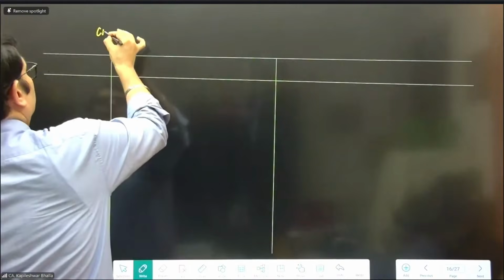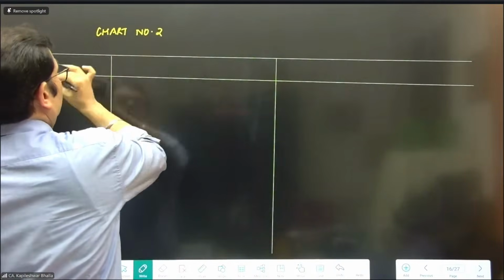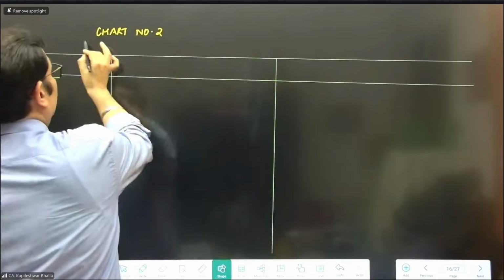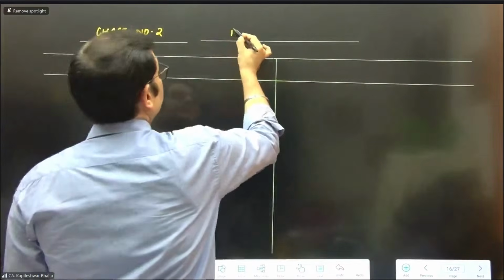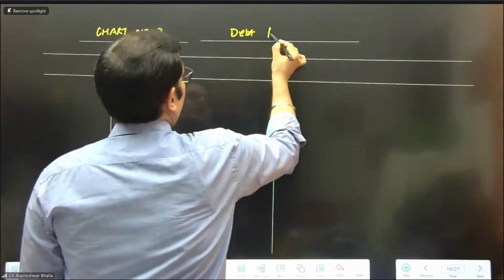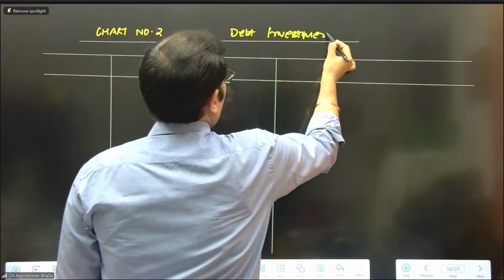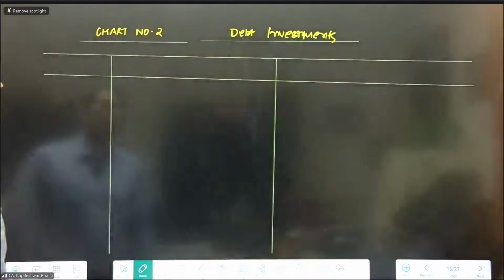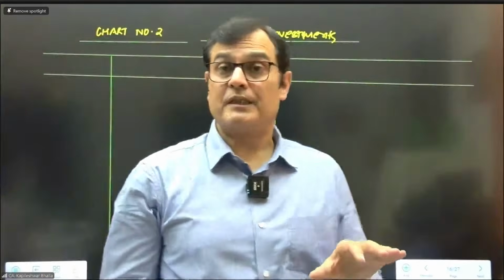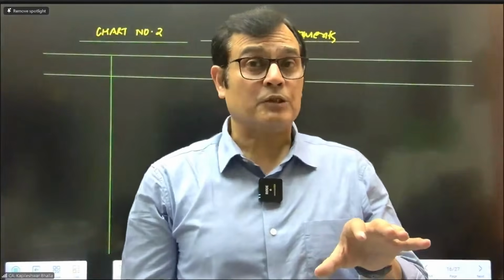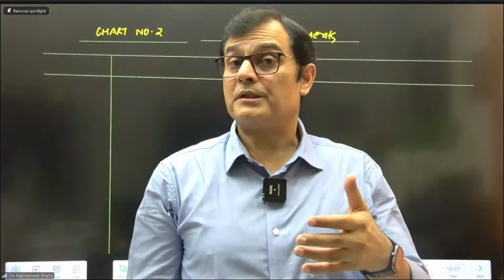This is my chart number two, and here I'm focusing in terms of debt investments. So we're focusing on three charts. One is equity investments, one is debt, and one is derivative, because this kind of understanding is very well tested in MCQs. So classification parameters are important.